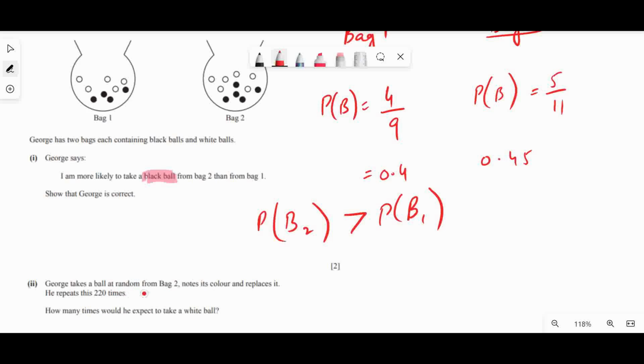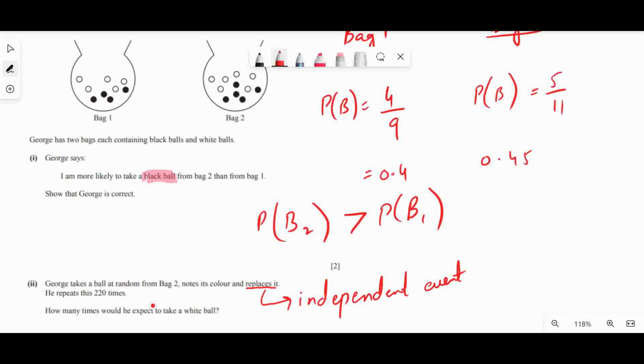As he replaces it, this means that this is an independent event. It means that the first pick will not affect the second one. Now he repeats it. How many times would he expect to take a white ball?